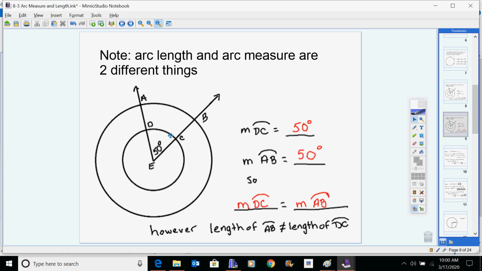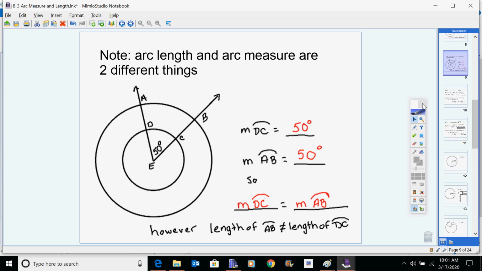The distance that you would walk from here to here would be the length of the arc, not the measure of the arc. The measure of the arc is the degrees with the little m in front of it. The length of the arc would use the word length, and you'd be finding how far it is from here to here, if you had to walk it or measure it.